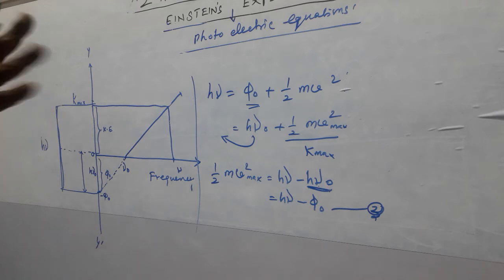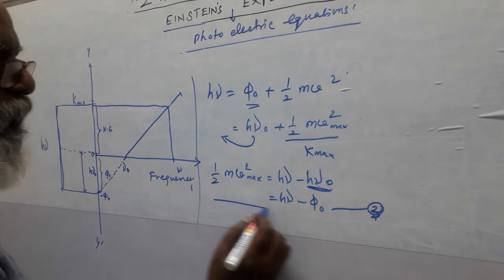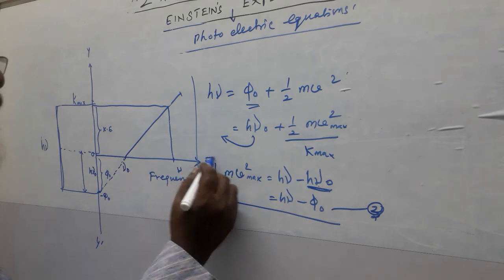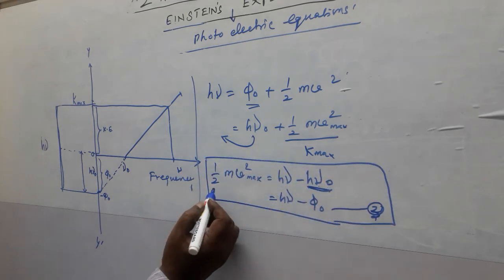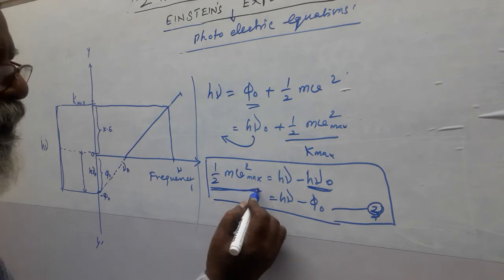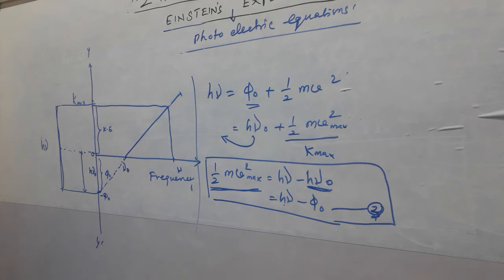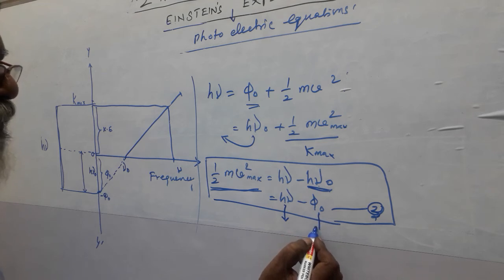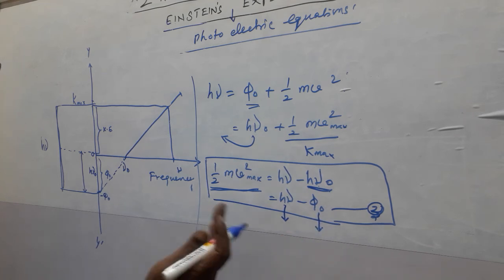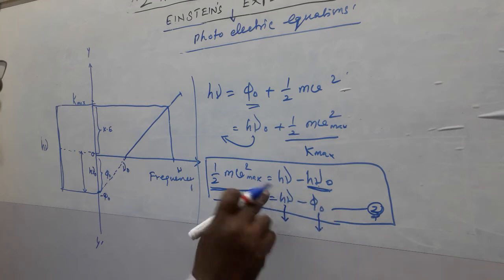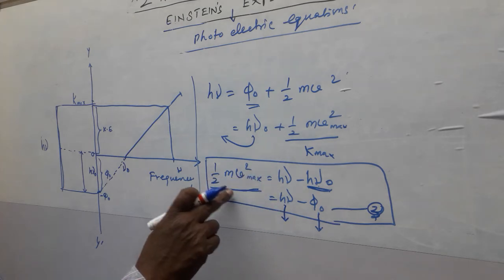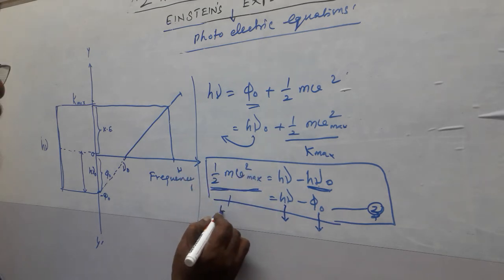One is the work function, another is the kinetic energy of the electron. And this equation gives one famous value for us: the kinetic energy of the electron is equivalent to the total energy minus phi naught. This is the total energy of the incident ray. This amount of energy is needed for the work function. The difference between these two, incident ray energy and work function energy, is called K maximum.